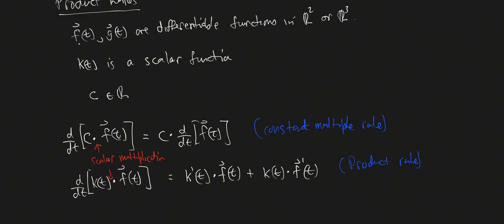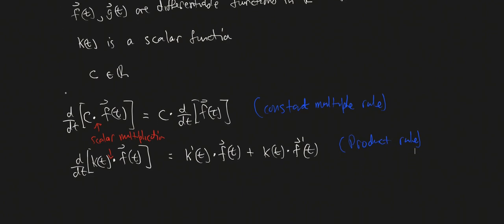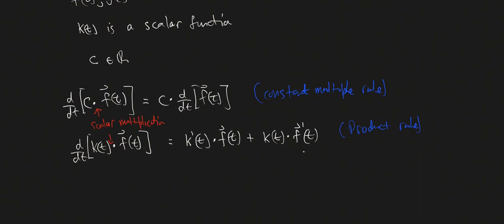Well, let's think about vector functions now. What types of products do we know that we could perform with two vectors? Well, we could do a true dot product, or we could do a cross product. And it turns out that the product rule, this version here, still holds even if I am doing dot products there or cross products there. That's really helpful. Again, I'm not going to formally prove these.